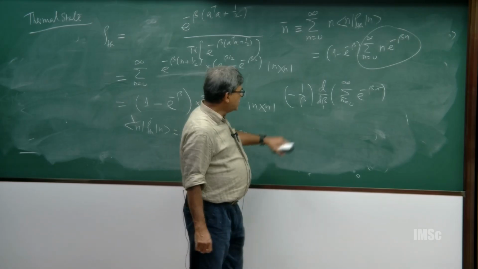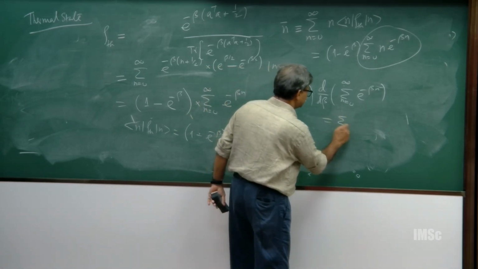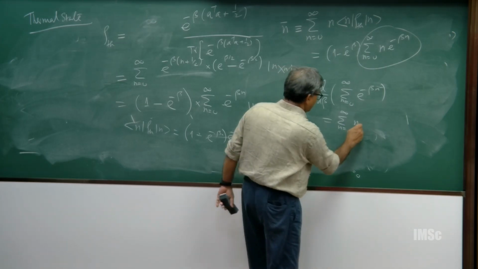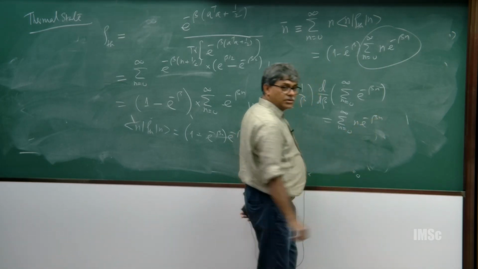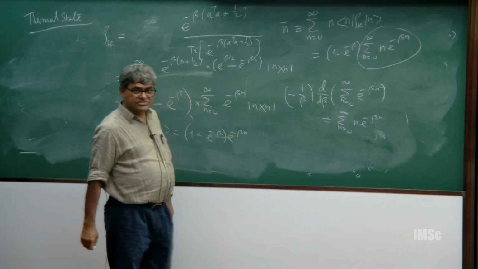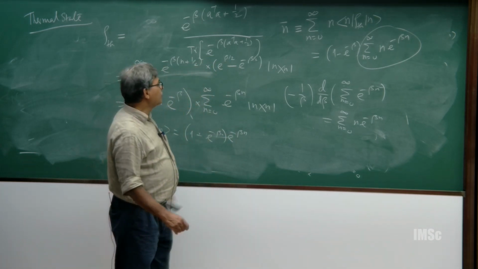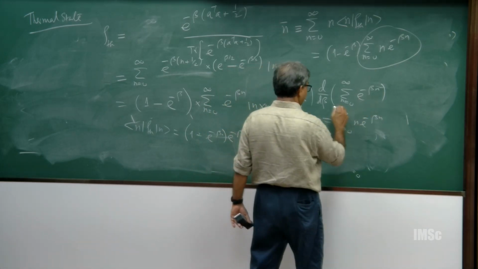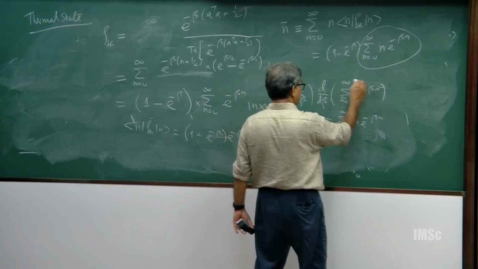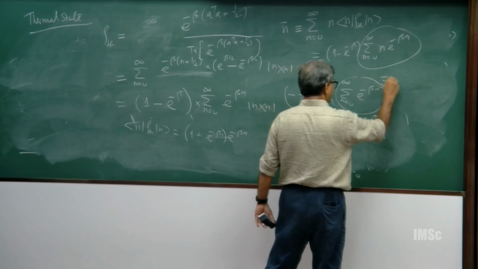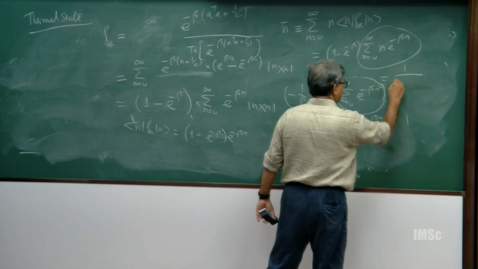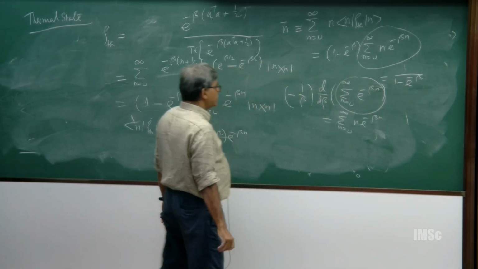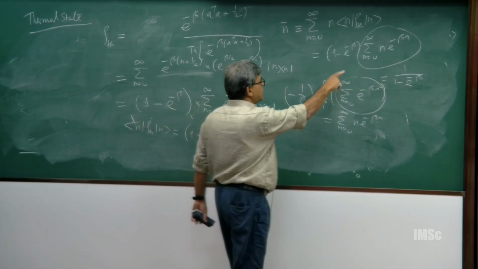So, what will you get here? The sum of n e to the power minus beta n, right. Anyway, basically I need this expression. So, what is this quantity? This is equal to 1 by 1 minus e to the power beta, right.